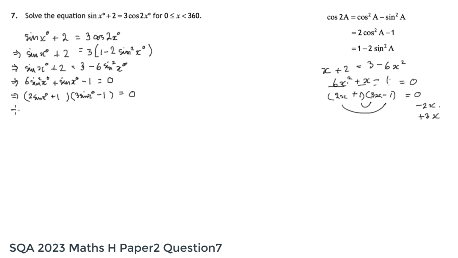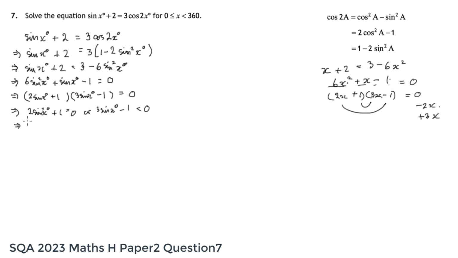Now what do we do at this stage? Well, we've a couple of factors multiplied give us 0. One or other of them is 0. So either 2 sine x plus 1 is 0, or 3 sine x minus 1 is 0.